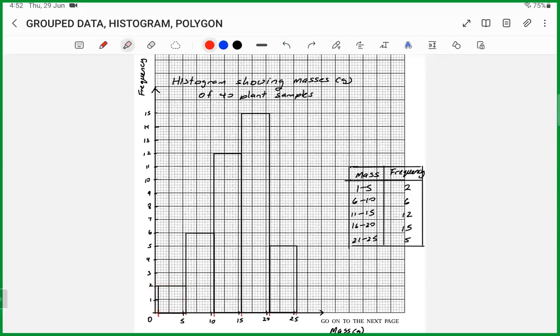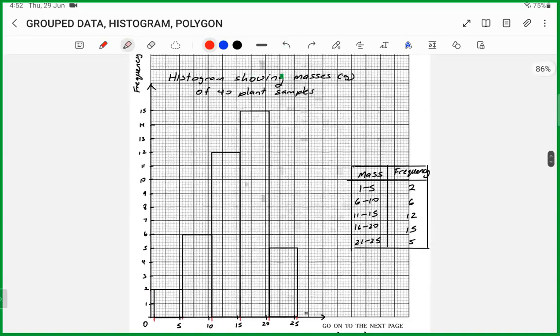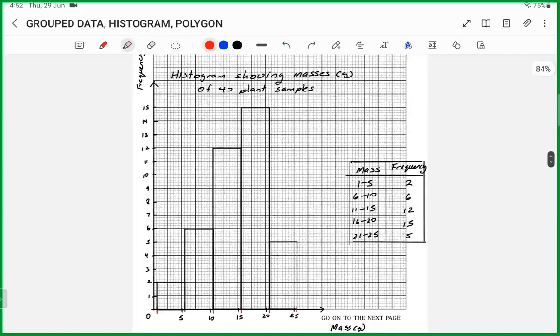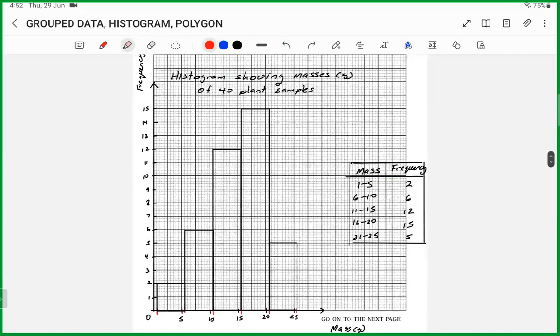So start with your axes and then draw them up exactly how you're seeing it here. I'm going to give you a couple minutes to start with the axes, and then we'll talk about the next step. So 2 minutes to draw up the axes and label the axes. Go ahead.